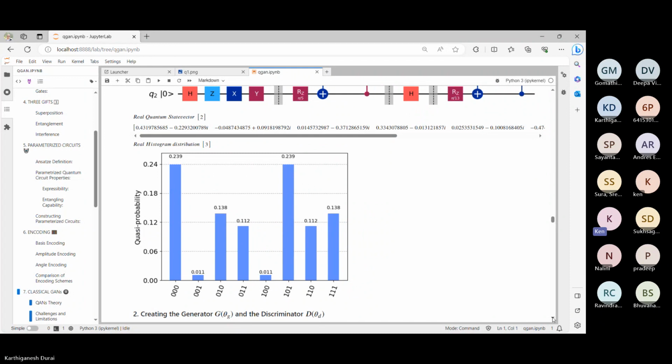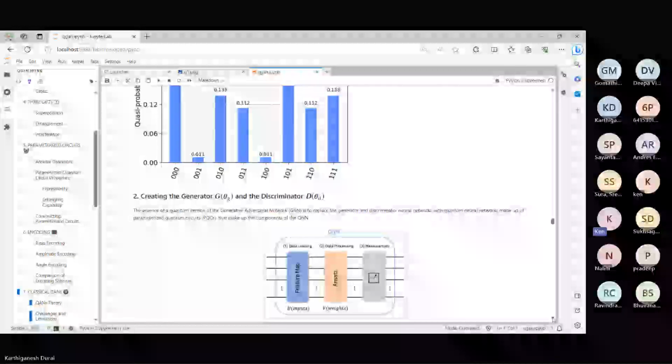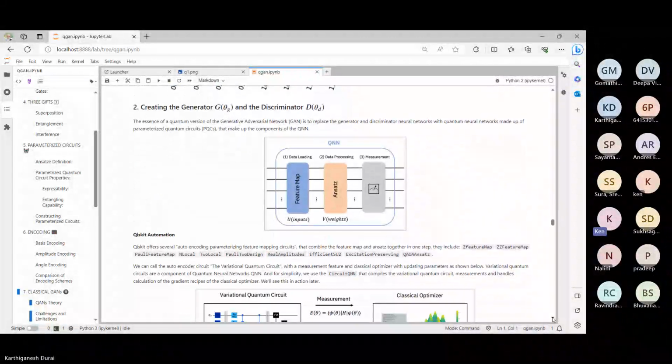Okay, and so now next step, step 2, creating the generator and the discriminator. To create the generator and the discriminator, Qiskit offers us several auto-encoding, parameterizing, feature mapping circuits. What these are is they combine the feature map and the ansatz together and create it automatically for us.